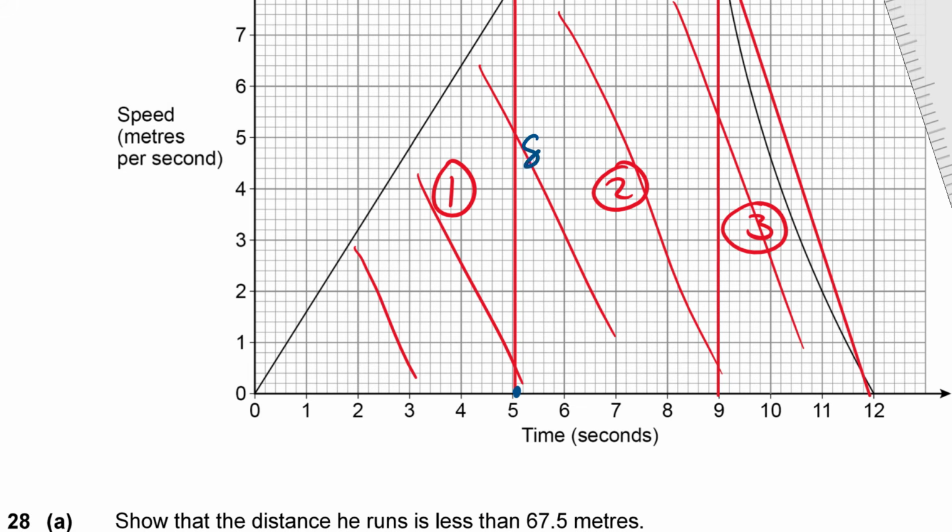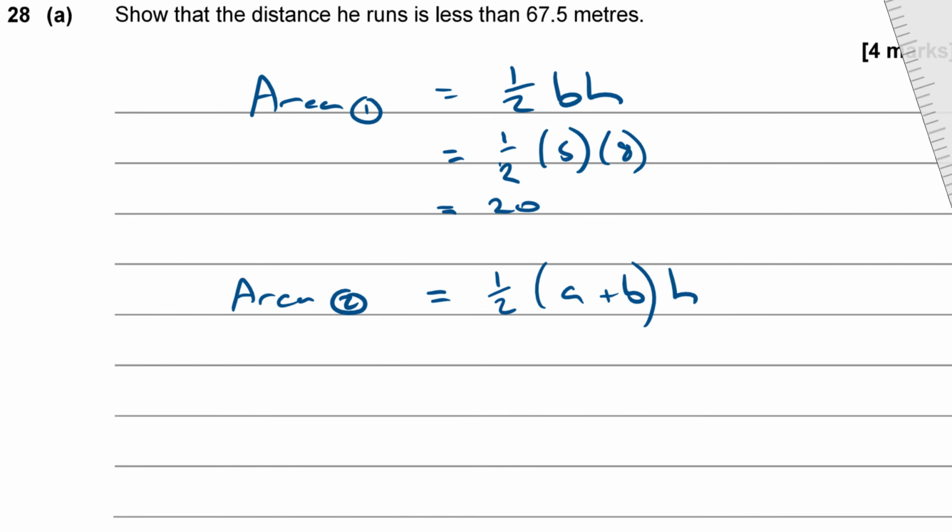So a is 8, b is 9, and then the distance between them is 4 then, isn't it? Okay, so that's going to be half of 8 plus 9 times 4. That comes out to be half of 4 is 2, 8 plus 9 is 17 times 2 is 34.